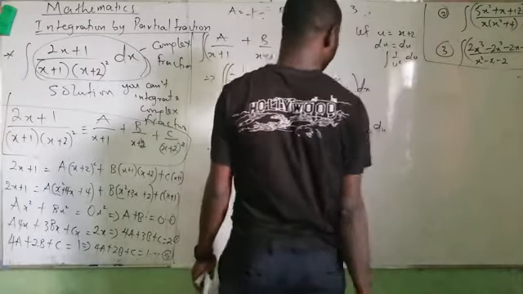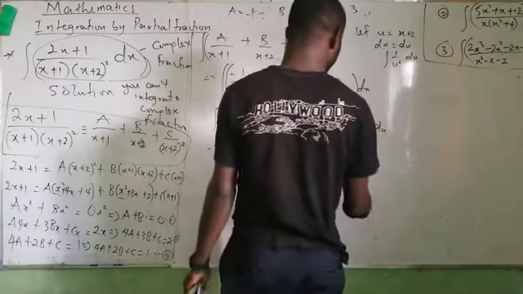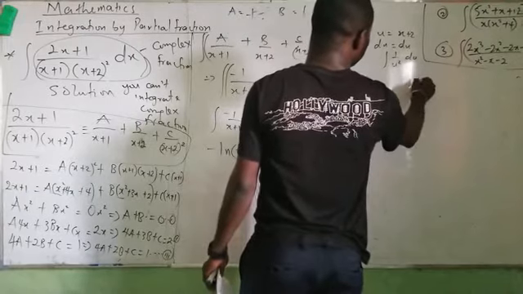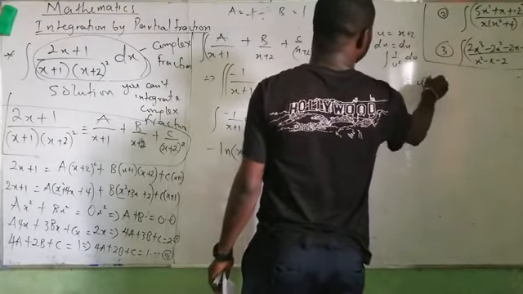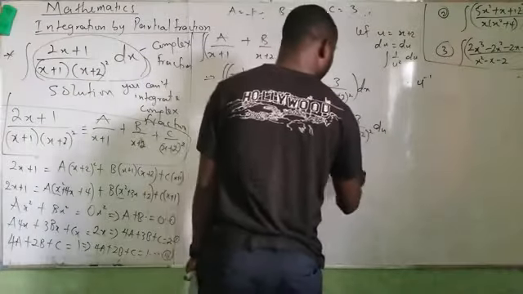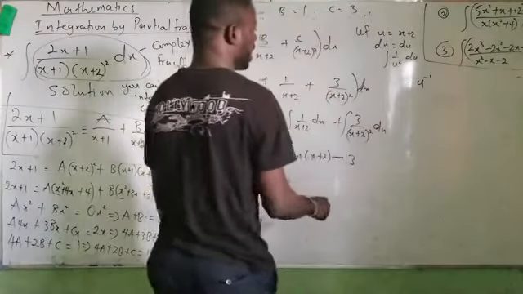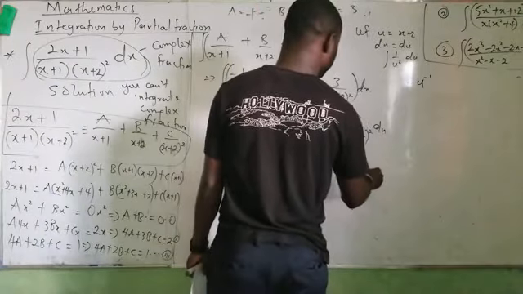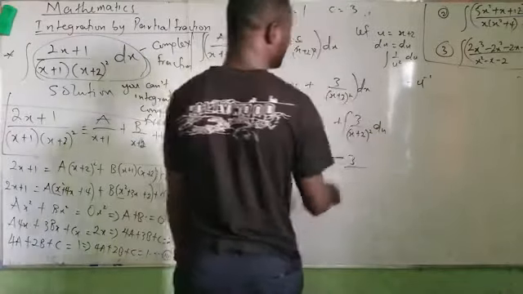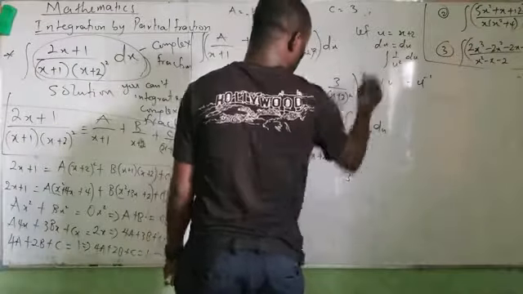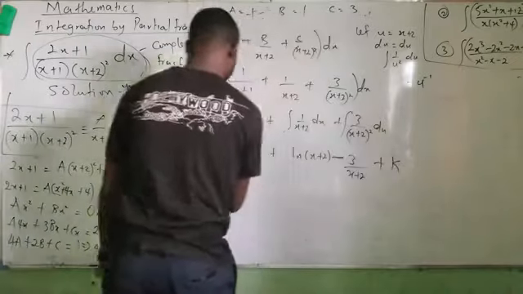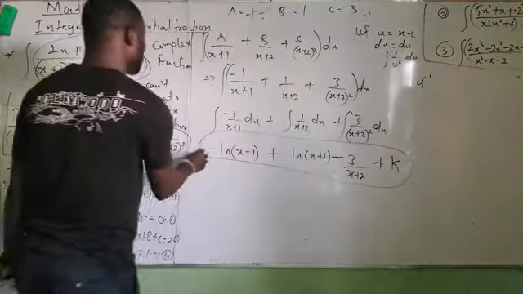So doing that, this will turn to minus 1 all divided by u, which is x plus 2, plus k. That is my final answer.